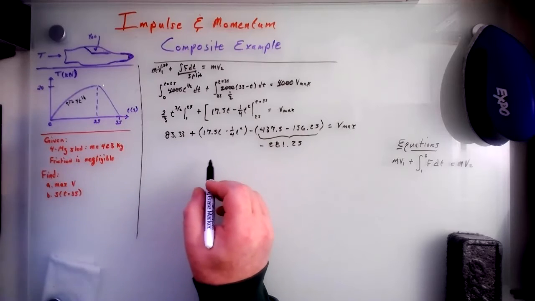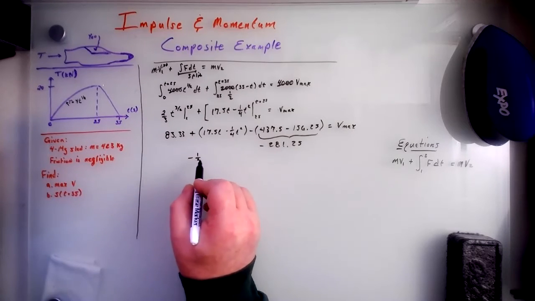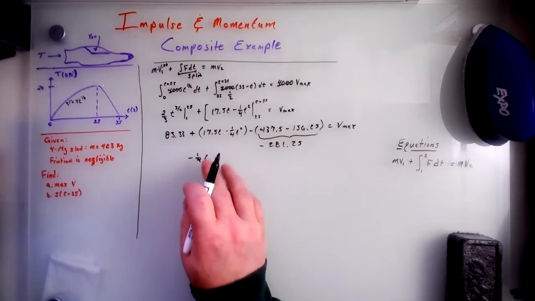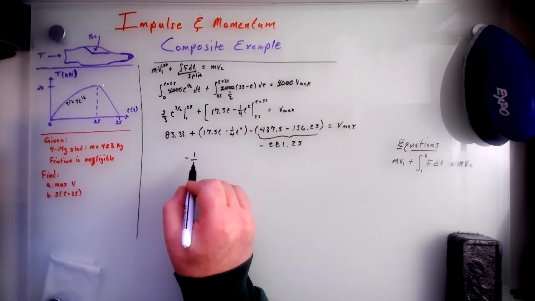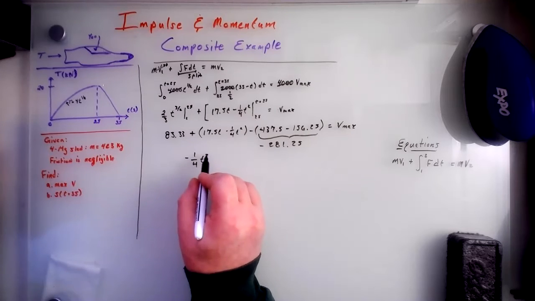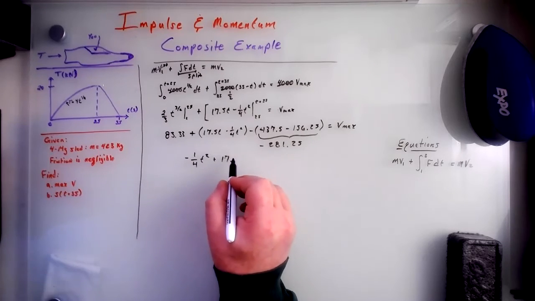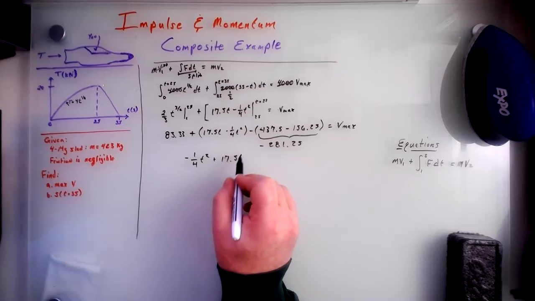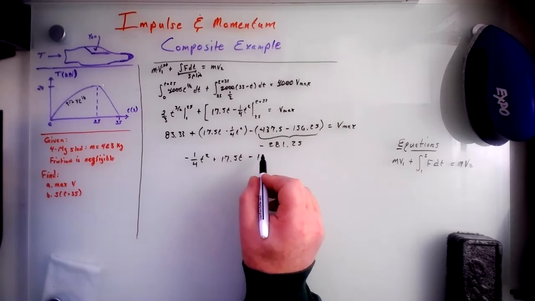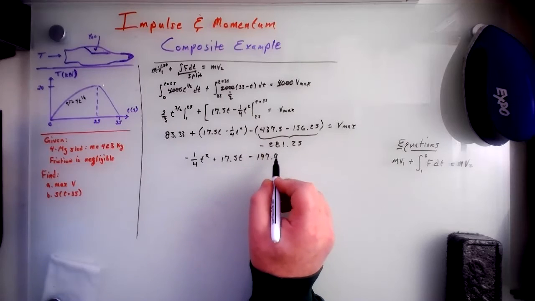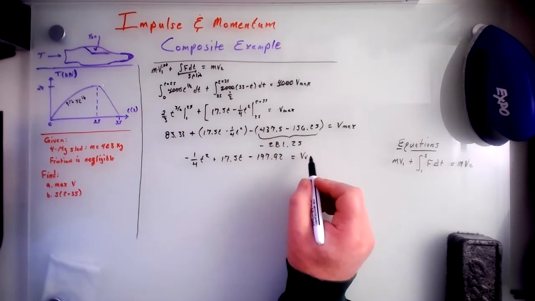We can write this as the equation minus 1/4 t squared plus 17.5 t minus 197.92 equals Vmax.